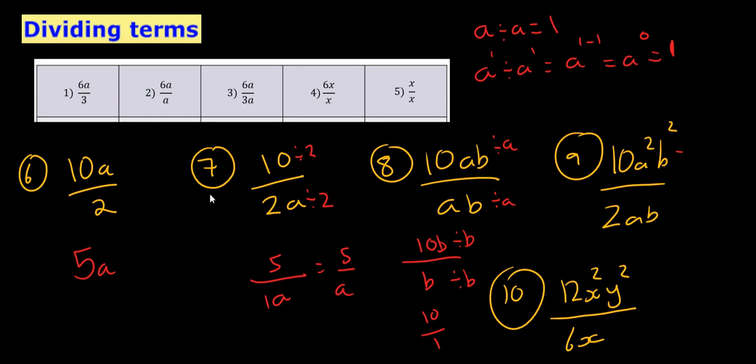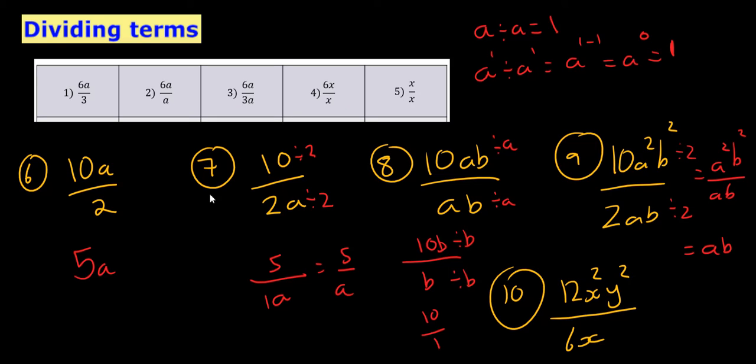We can divide numerator and denominator by 2 to get a squared b squared over ab. And then we can divide by a, numerator and denominator, and divide by b, numerator and denominator. And I hope you can recognize that that is the same as dividing numerator and denominator by ab. If we do that, we're just going to be left with ab.